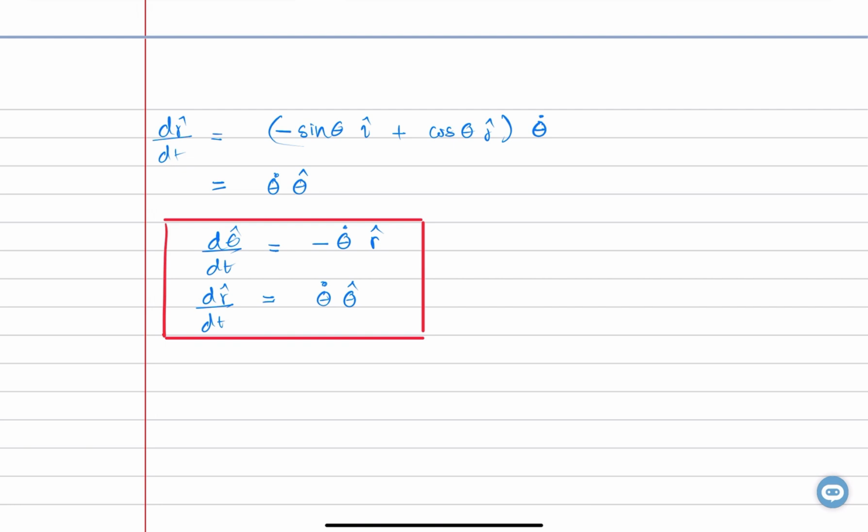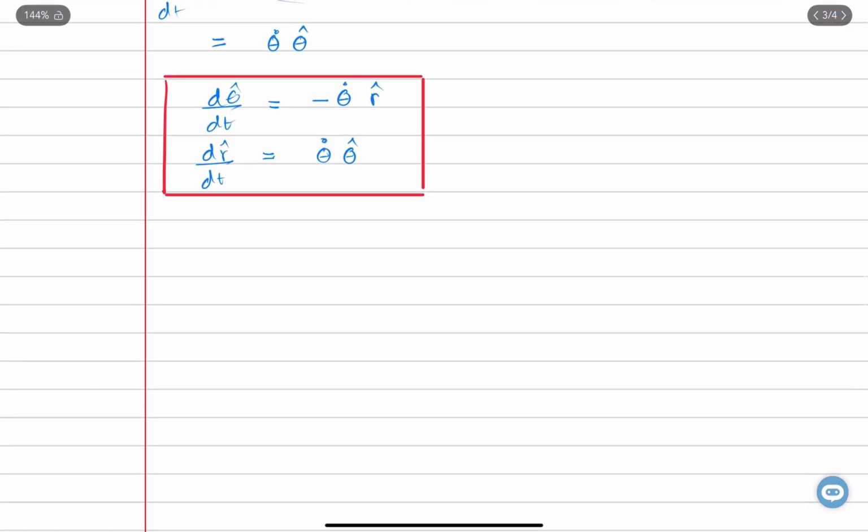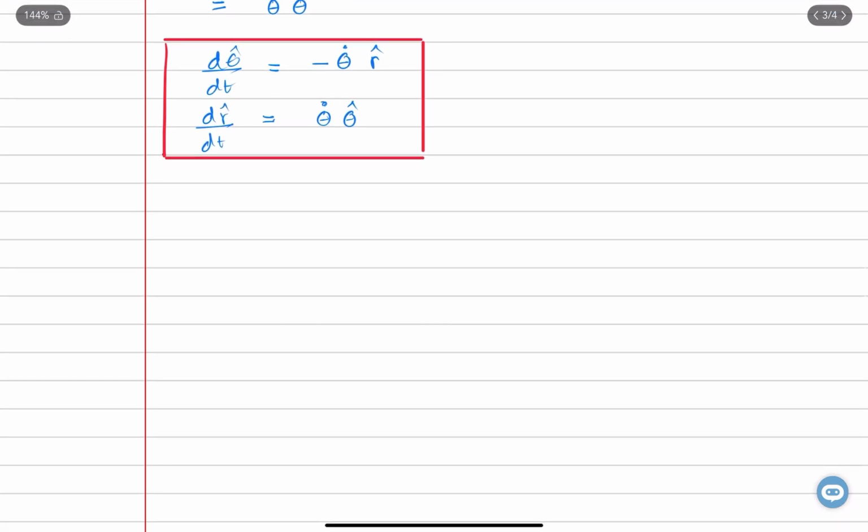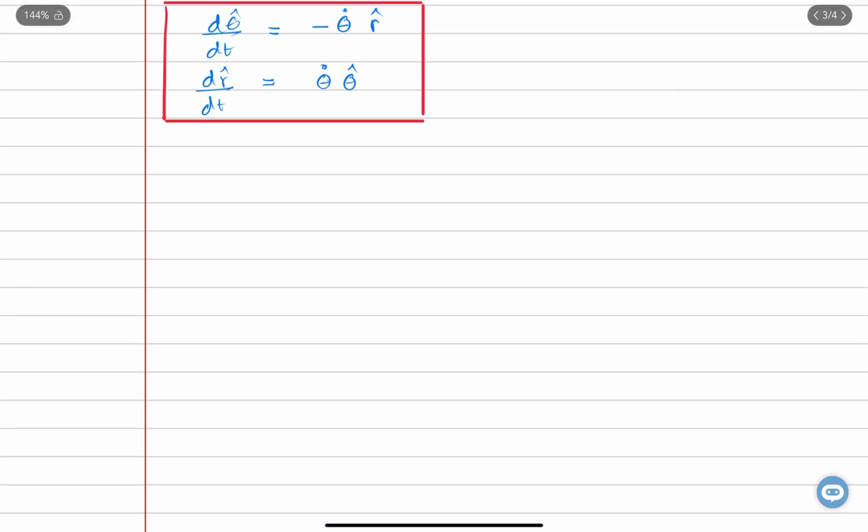Now, once we have a way to describe the derivatives, we can talk about how velocity and acceleration behave in polar coordinates, right? So let's try to calculate what velocity would be.